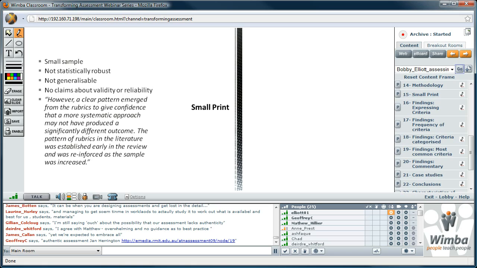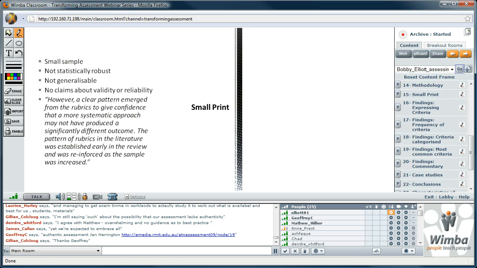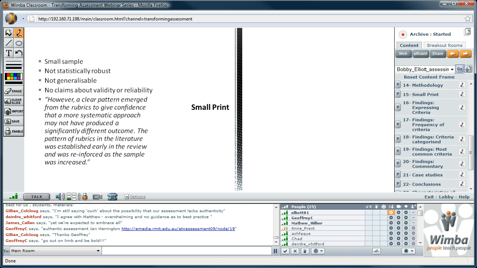Now, if half of you are tempted to log off and do something more interesting because I'm owning up to quite serious weaknesses in my research, I would say that in spite of the methodological weakness of my approach, I am fairly confident that my findings are probably true, because I discovered a pattern in the rubrics very early on.